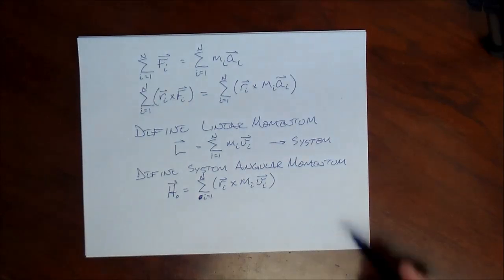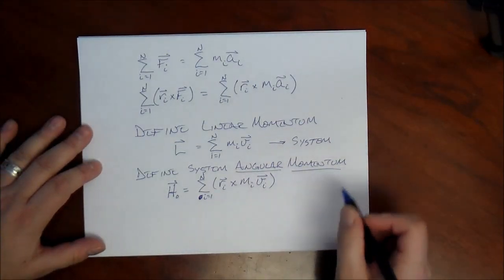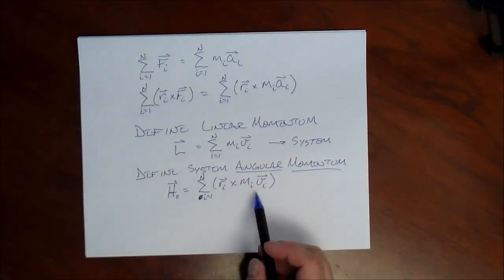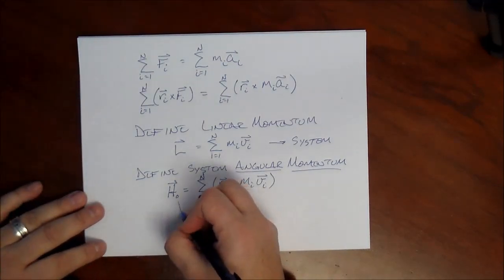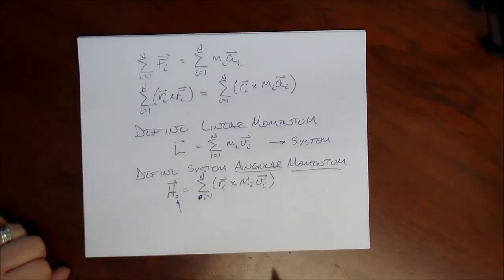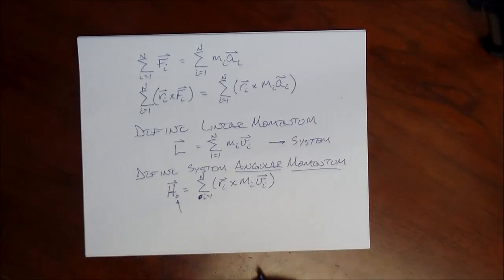We can also define the angular momentum for the system as the moment of the momentum for each particle in a system. And whenever you take the angular momentum, there's an implicit origin in that. So this is the origin that we have called O.